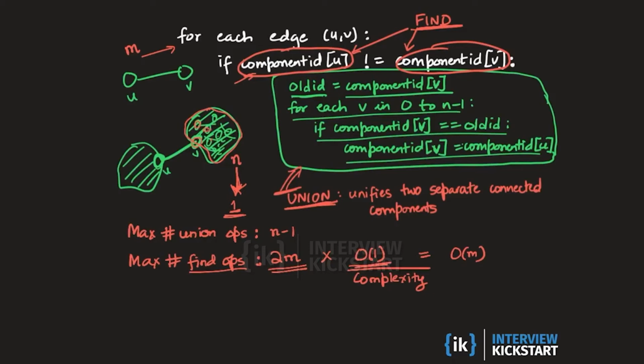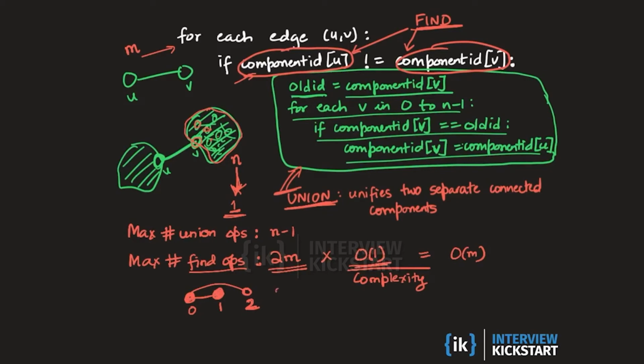So you can imagine that when this process starts, let's say vertex 0 and 1 get unified, and 1 changes its ID to the ID of 0. Then there is an edge between vertex 2 and vertex 0 that comes in, and again let's assume that vertex 2 manages to convince vertex 0 to change its ID, and so the ID of not just vertex 0 but also vertex 1 has to be changed.